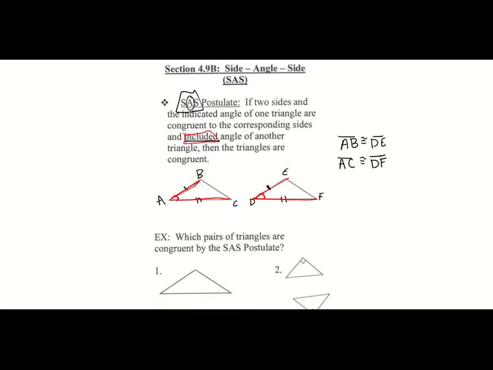And our included angle in between there is angle A is congruent to angle D. So this is what we call side angle side, SAS. And we can say our two triangles are congruent because of side angle side. Triangle ABC is congruent to triangle DEF.